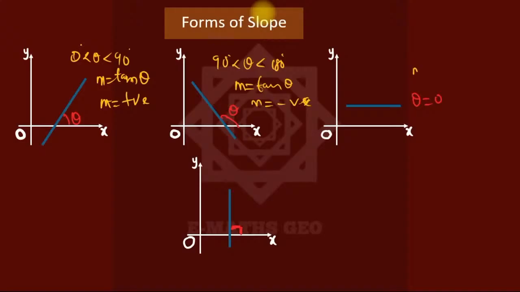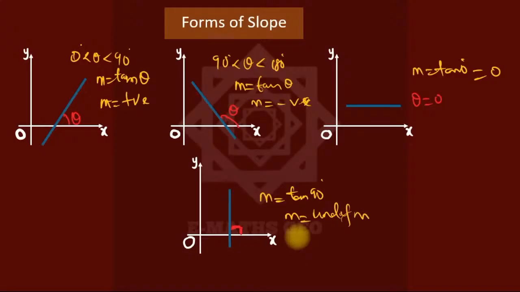For the horizontal line, m is tan 0, and tan 0 is 0, so the slope of the horizontal line is always 0. For the vertical line, the angle made by the line is 90, and tan 90 is not defined. Yes, it's undefined.